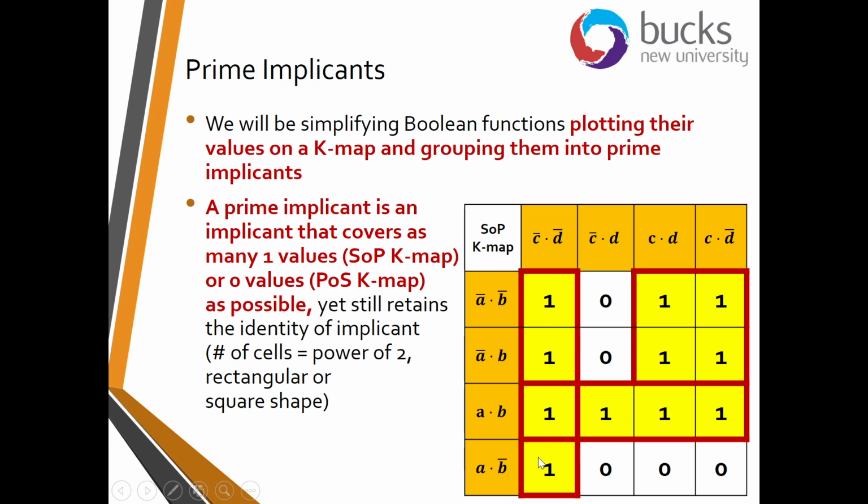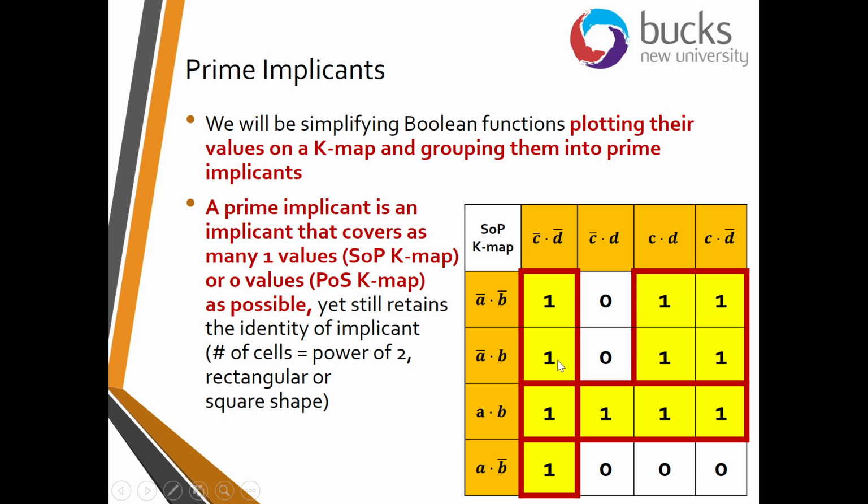So here I've got 3 prime implicant groups. I've got these 4 coming together to make 1 prime implicant, these 4 coming together to make another, and these 4 coming together to make the 3rd prime implicant. That's the smallest number of prime implicant groups I can make using all of those implicant cells. So 3 is the best.